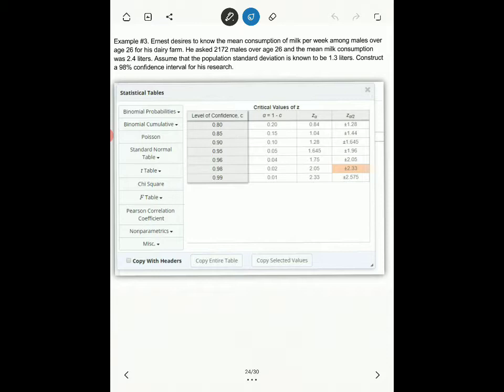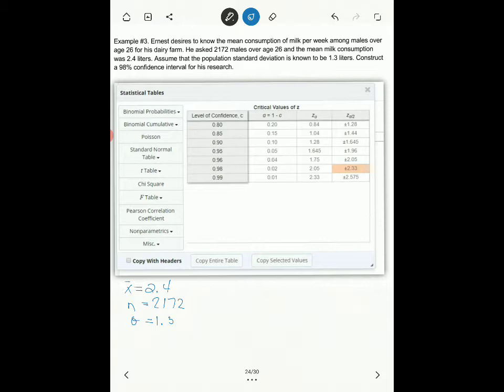So we have that our X bar is equal to the mean, which is 2.4. Our n is 2,172. Our sigma is 1.3. We're given all of these in the problem. So the only thing we need to find is our Z sub alpha over 2. To do that, we can use the table here.